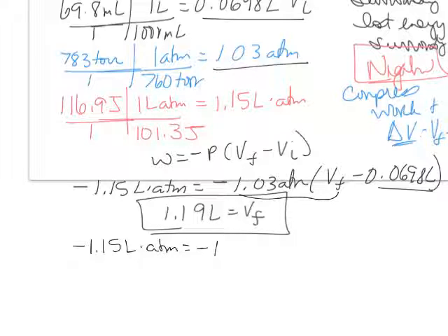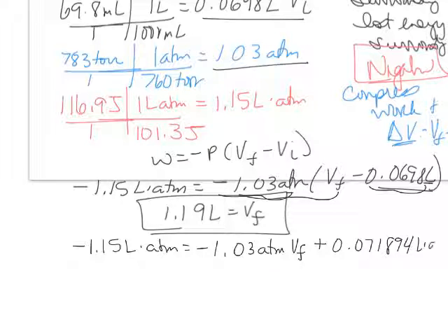So negative 1.03 atmospheres times VF, and then negative 1.03 times negative 0.0698, a negative times a negative gives you a positive, so that's going to be plus 0.071894, and you keep your units liters times atmosphere.